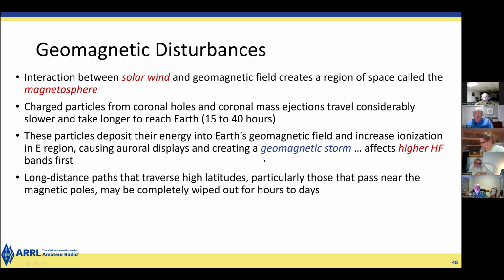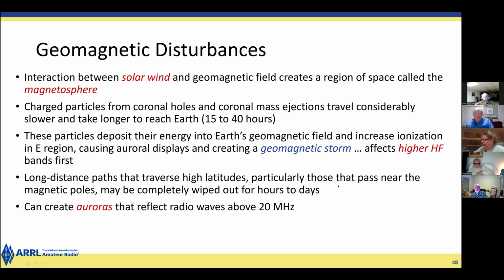And also, if there are enough energetic particles reaching the Earth, they can cause auroras, which are basically charged particles from the sun causing plasma trails through the lower layers of the ionosphere.